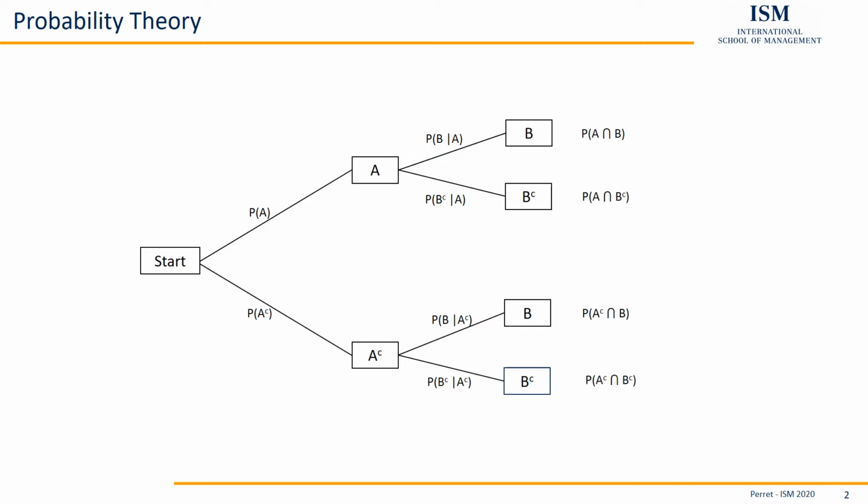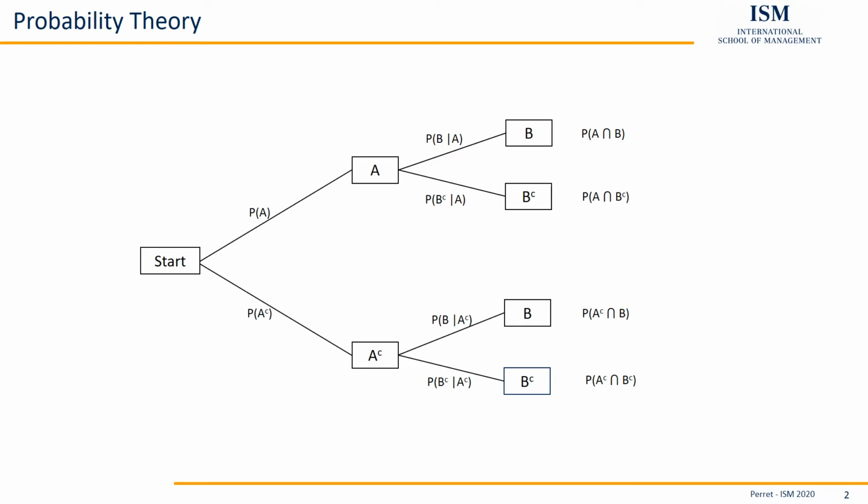So if A and B happen, we get the probability of the intersection of A and B. If A happens but B does not happen, that's the intersection of A and not B, the complement of B. And the same thing down below for the case where A did not happen but B happens, or both did not happen.